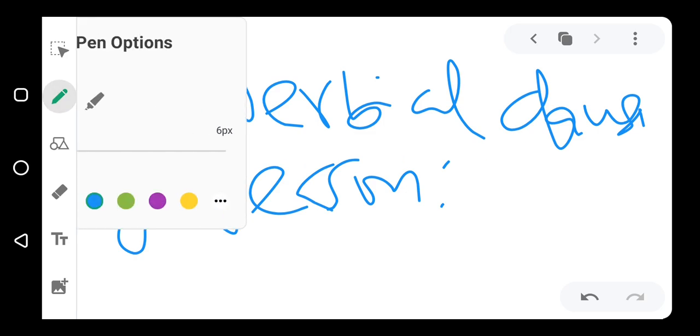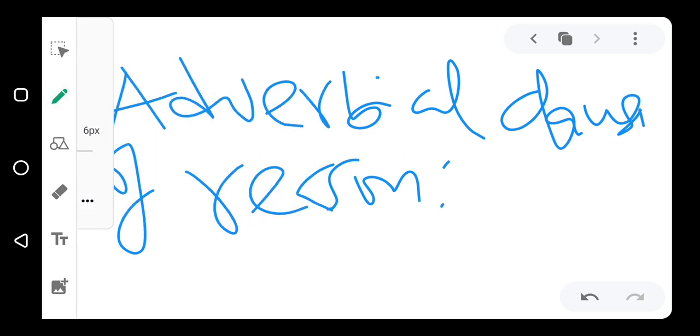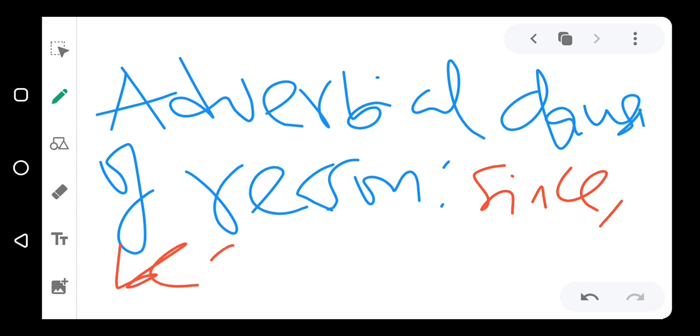So we have these markers for adverbial clause of reason: since, because, and as.